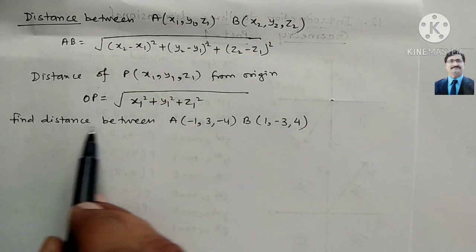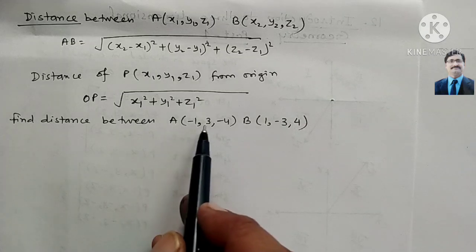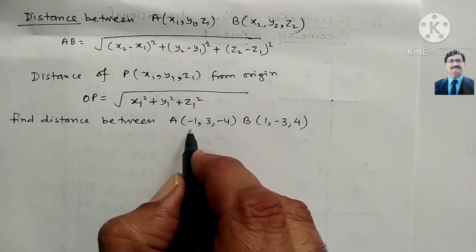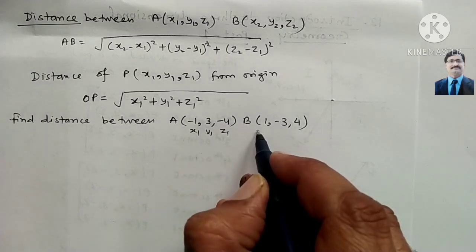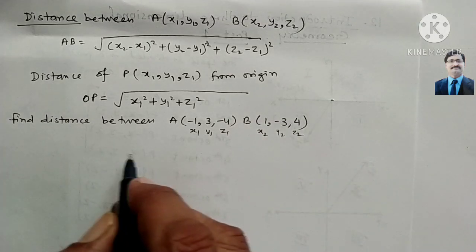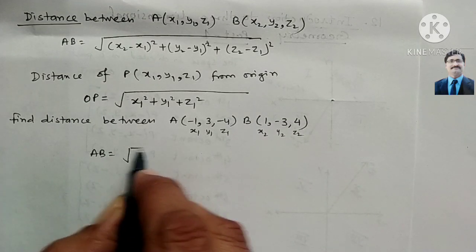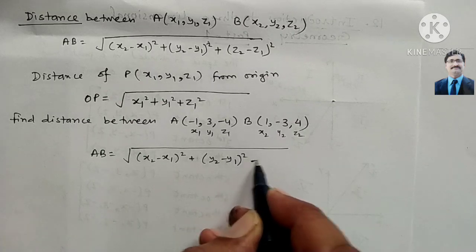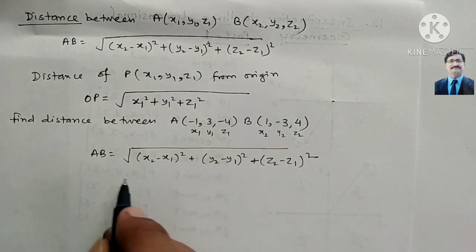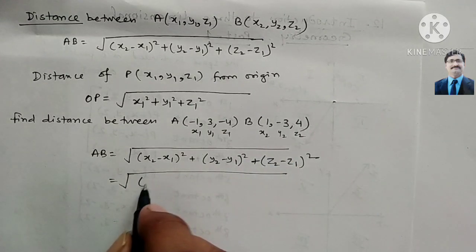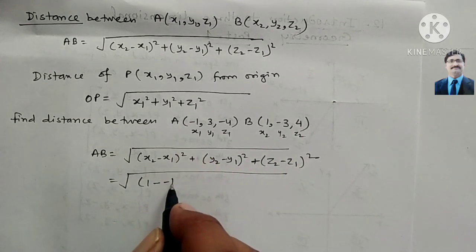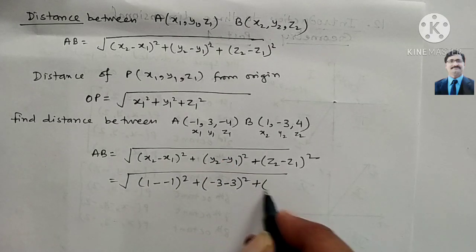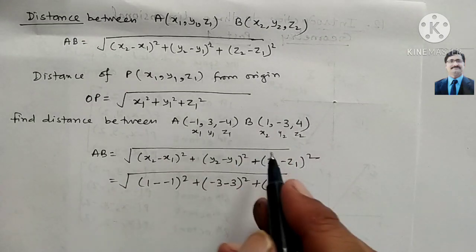Now we have to find the distance between the point A which is minus 1, 3 and minus 4, and the point B which is 1, minus 3 and 4. So this point is x1, y1 and z1, this point is x2, y2 and z2. Okay, so for the distance formula we write AB equal to root of (x2 minus x1) whole square plus (y2 minus y1) whole square plus (z2 minus z1) whole square, and we will put the values: x2 is 1, so 1 minus x1 which is minus 1, and y2 is minus 3, y1 is 3, and z2 is 4, minus z1 which is minus 4.